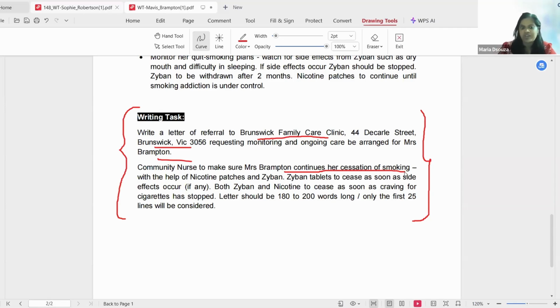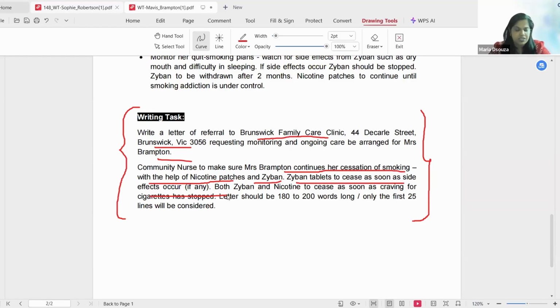So you're writing this letter mainly to advise the patient on smoking cessation, correct? With the help of nicotine patches and Zyban tablets, and to note any side effect if one occurs. All this information is given, but not every writing task will have this information.